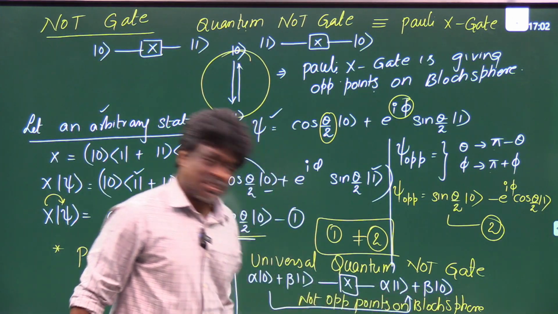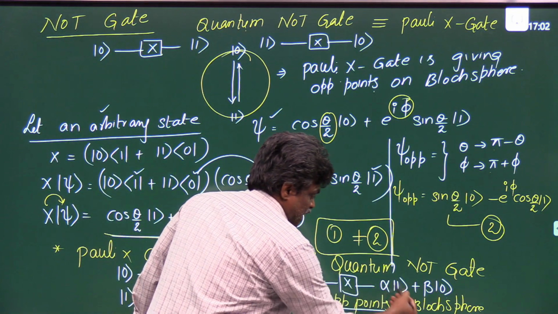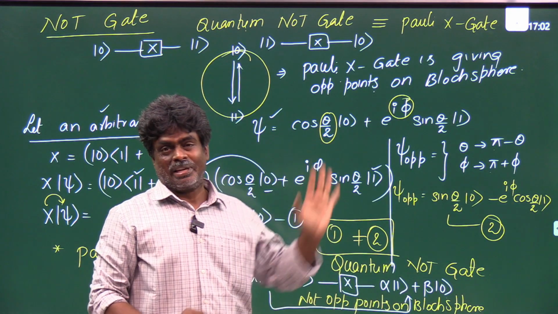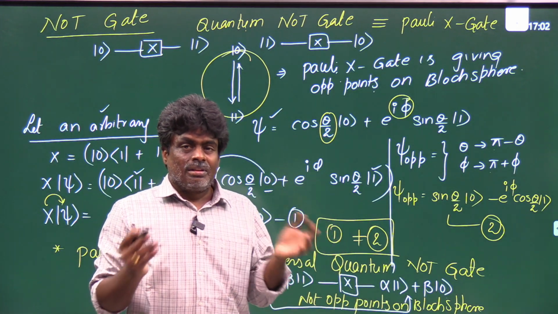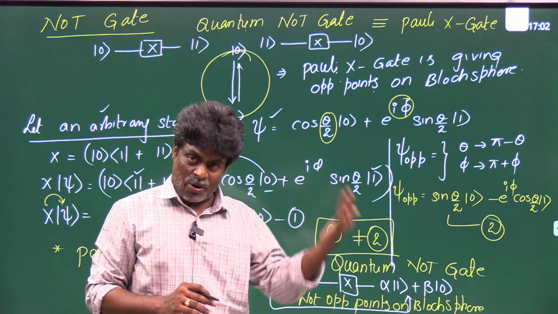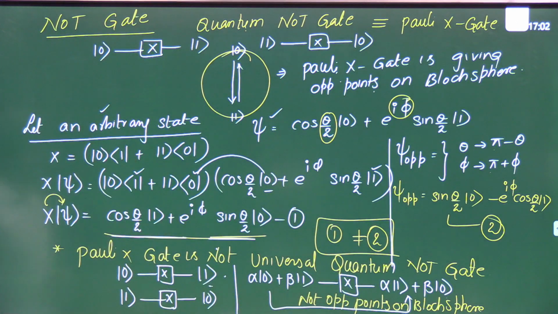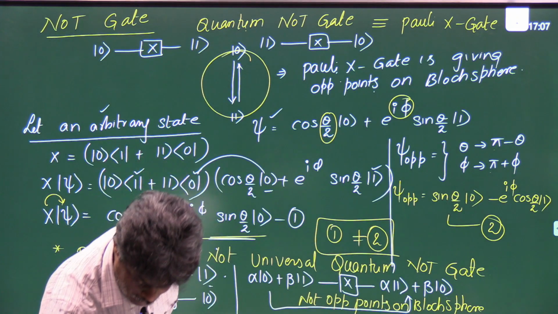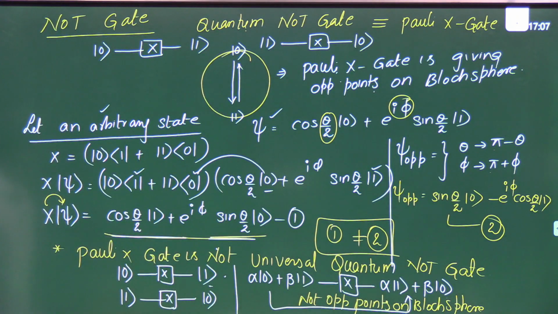So this is the operation. But unfortunately, this final state and the initial state are not at all opposite points on the Bloch sphere. That's why the conclusion: the Pauli X gate is not the universal quantum NOT gate.